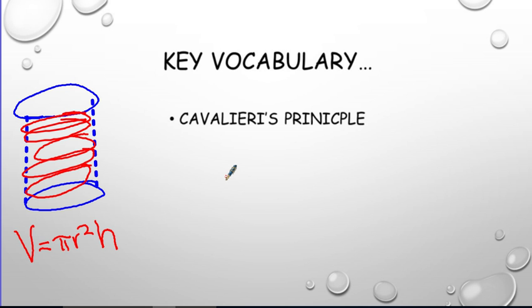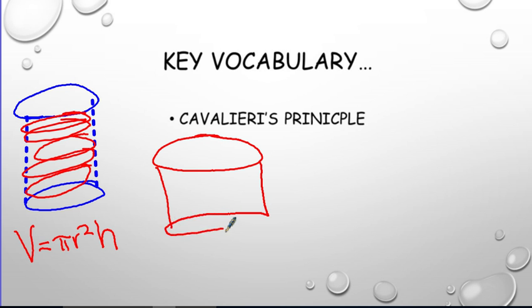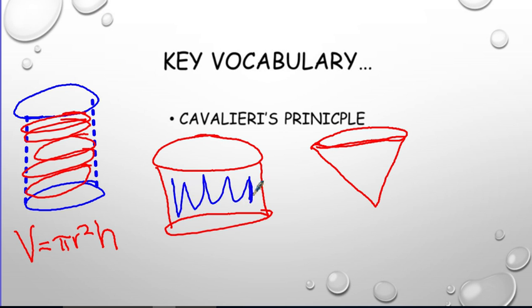Now, another part of this principle is that if I have two objects, let's see, if I have a cylinder and a cone, all right, so what this means, that if I have a cylinder and I pour something in it, and then I have a cone and I pour something in it, then Cavalieri's principle tells me that if the area of the two bases are the same, and if you turn the cone upside down, that would be the base.